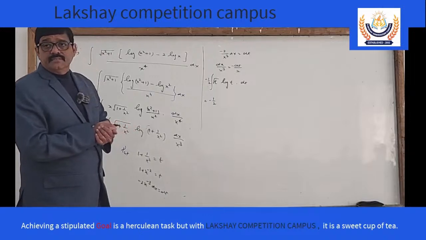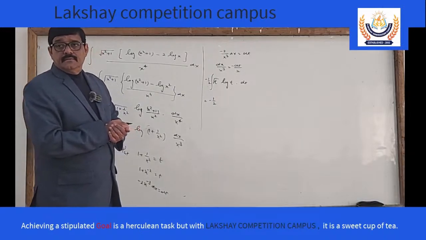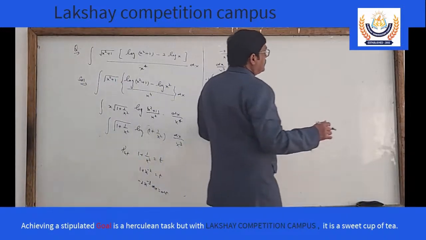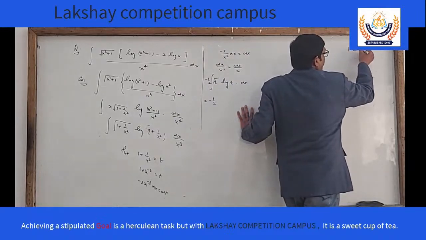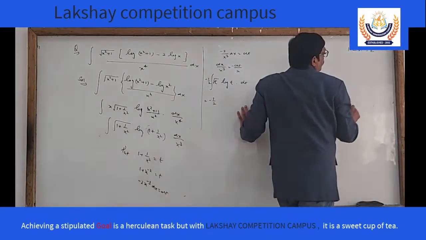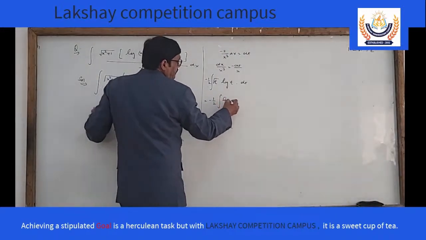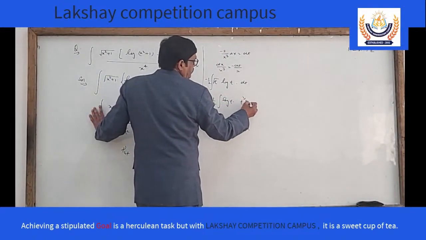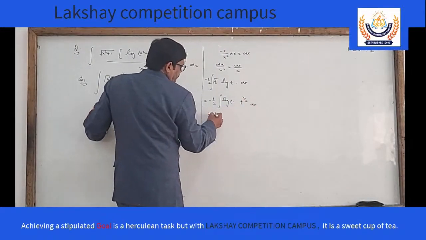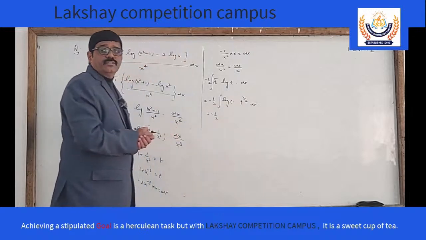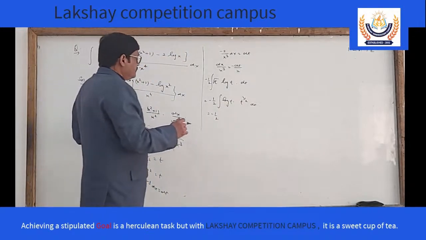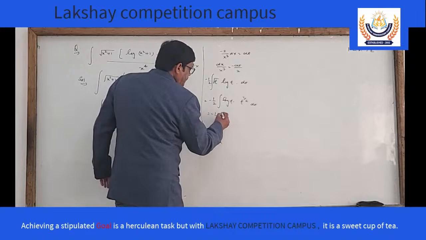What function must be the first function? ILATE, as I told you. Log, yes. So we have log t, t raised to power 1 by 2 dt. Apply u into v: first function as it is.